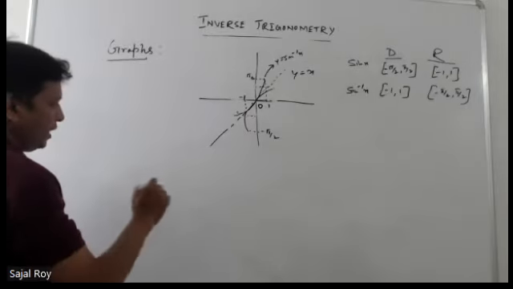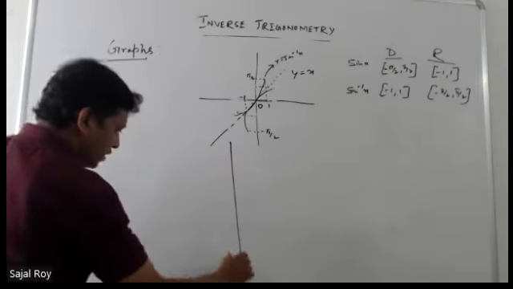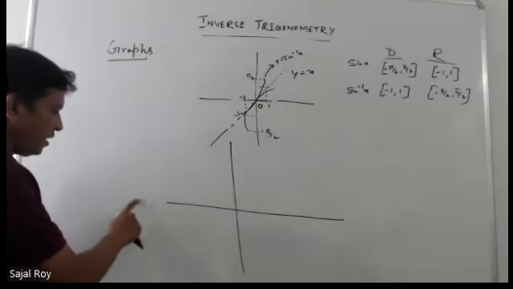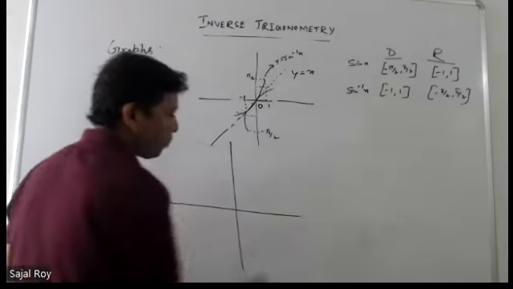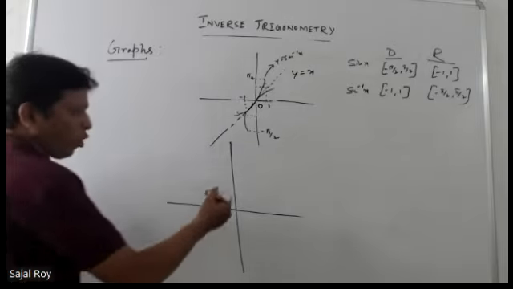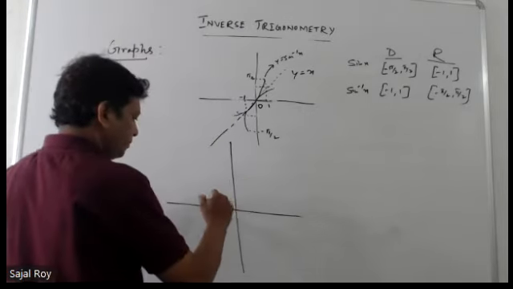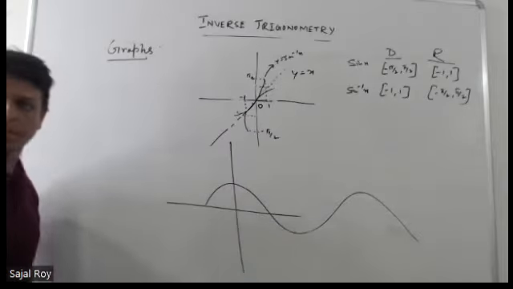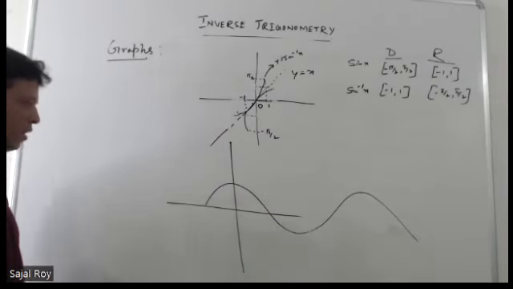Now, let me draw cos inverse x. Similarly, I will take the principal branch of the graph. What is the principal branch? Let me draw the whole thing first. This is your cos x, and this side also the same.